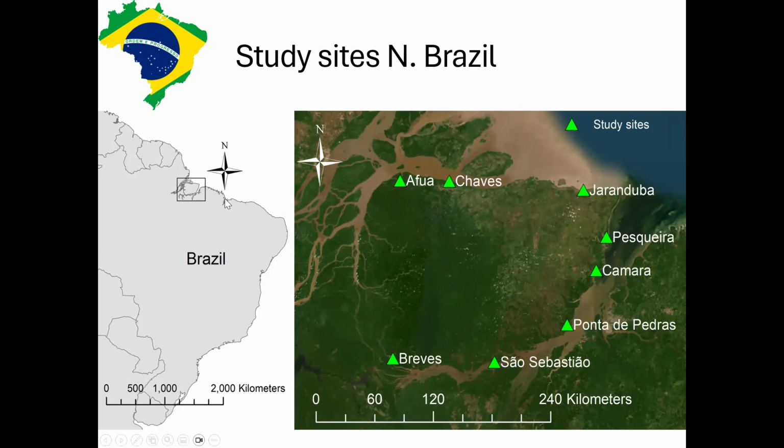Up here in the north of Brazil, just at the bottom of the tip of the north, you can see there's an inlet in Maranhão. Directly west of that there is an enormous mangrove going all the way along to the Amazon estuary, and this study was undertaken in the Amazon estuary on the island of Marajó.